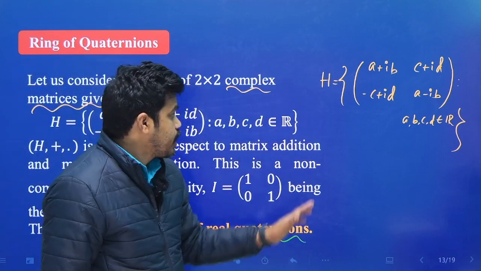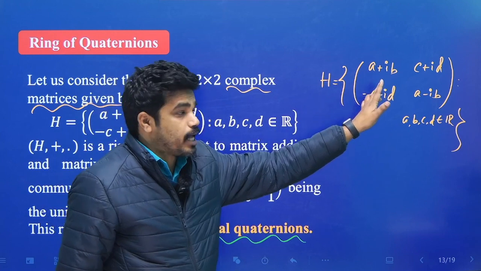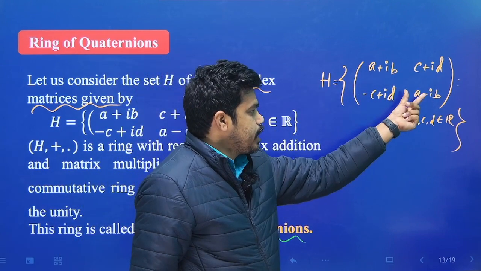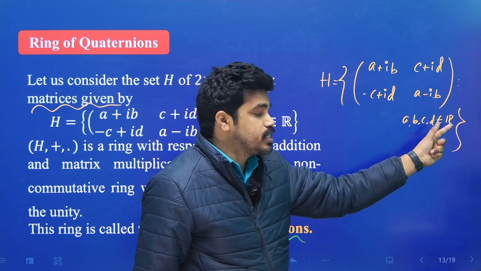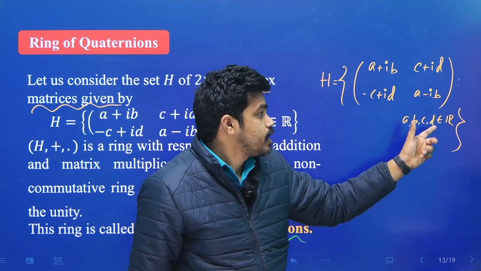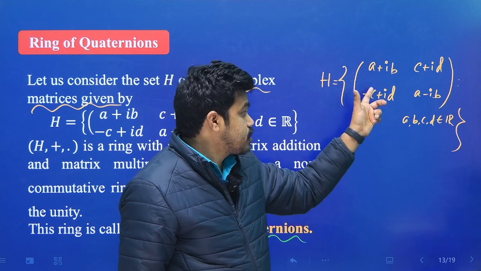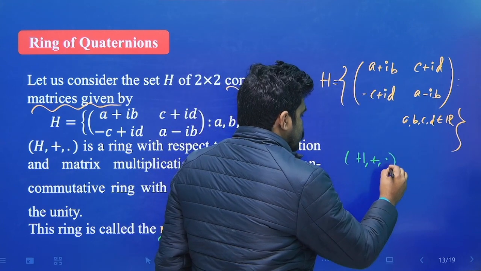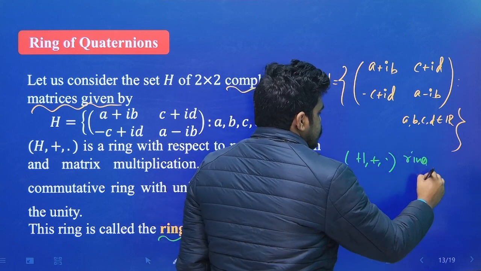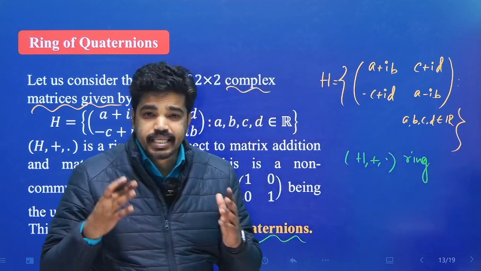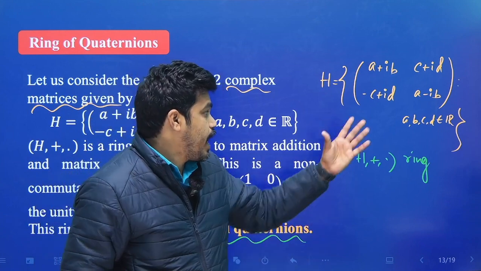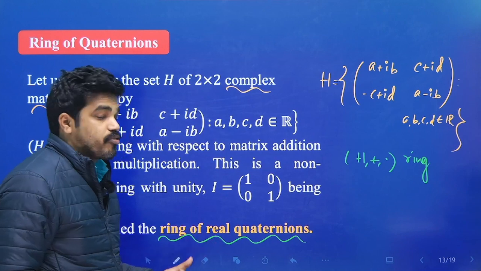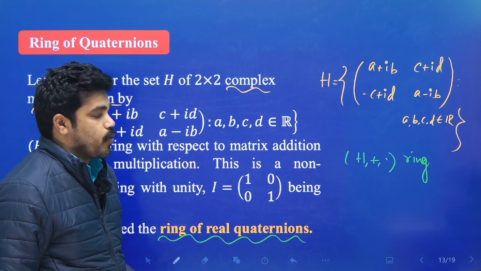So note this, H is equal to the matrix a plus ib, c plus id, minus c plus id, a minus ib, where a, b, c, d are real numbers, right? This forms a ring, that is H comma plus comma dot, so this is a ring with respect to matrix addition and multiplication, and this ring is called ring of real quaternions, okay?